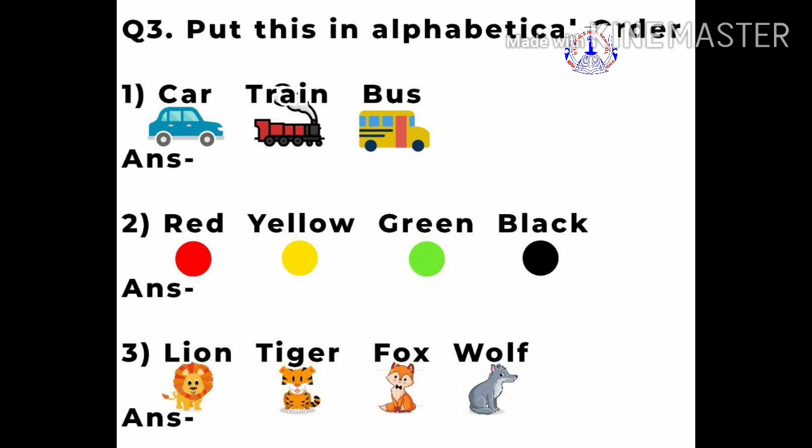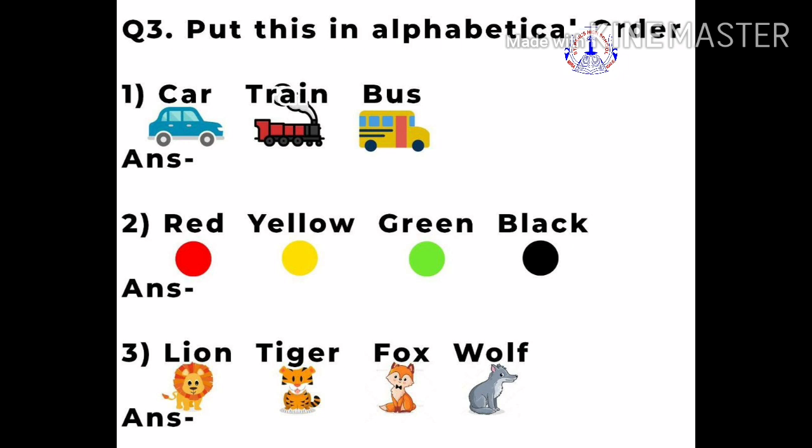Second one, red, yellow, green and black. See the first letter of each word and arrange according to alphabetical order. Third one, lion, tiger, fox and wolf. Look at the first letter and arrange.